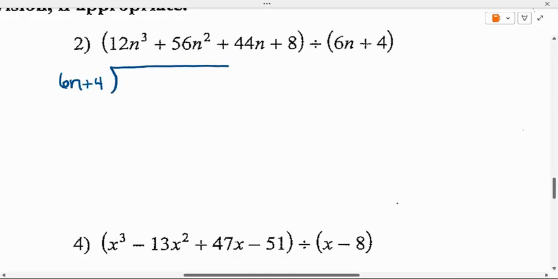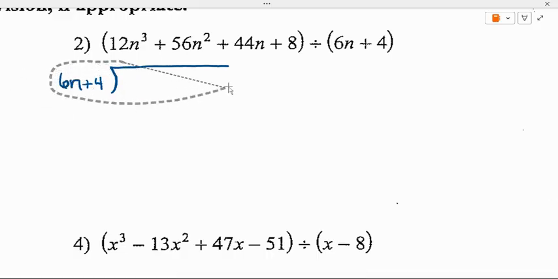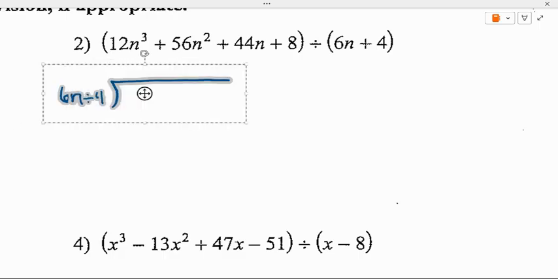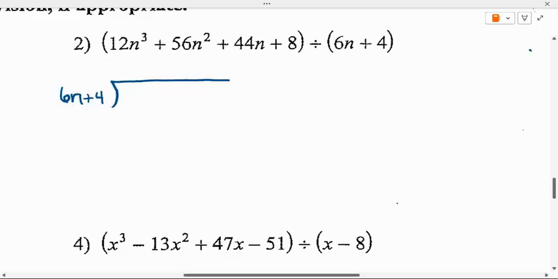And I need to slide that down just a little bit. So 12n cubed plus 56n squared plus 44n plus 8.